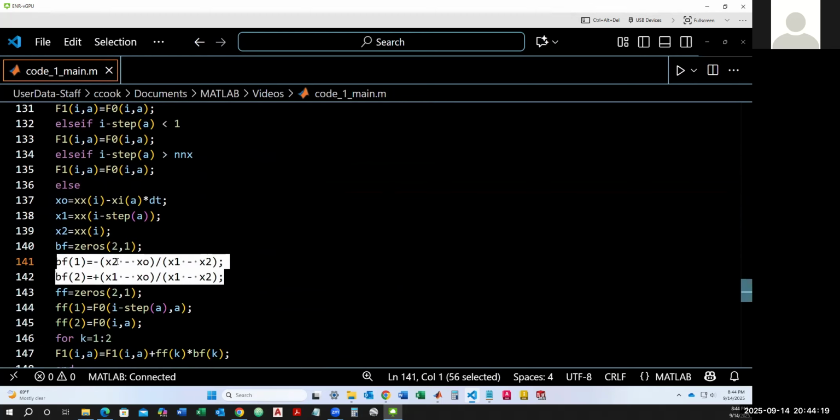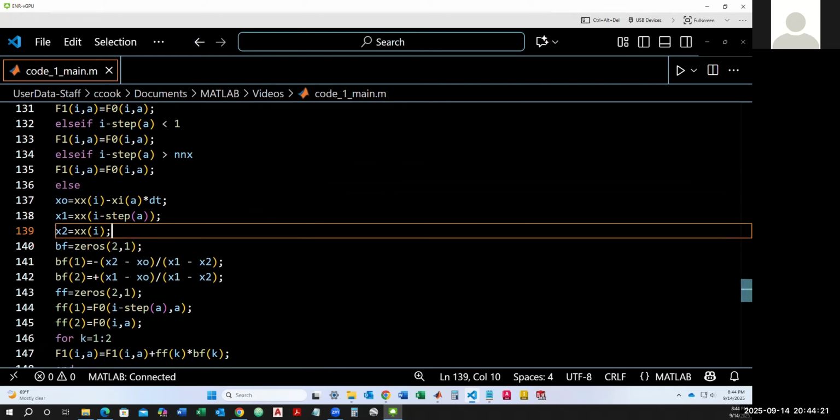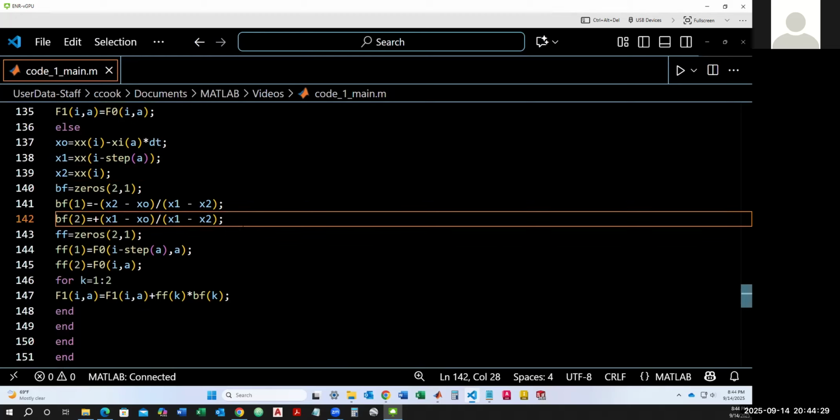But once our dx starts having spatial dependence, that's when I need my basis functions. So again, the goal is to set up a general algorithm so that you can just adjust the initial conditions, adjust the geometry, and then run it.